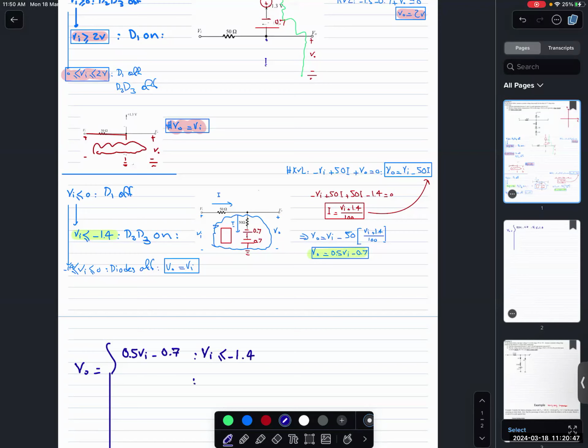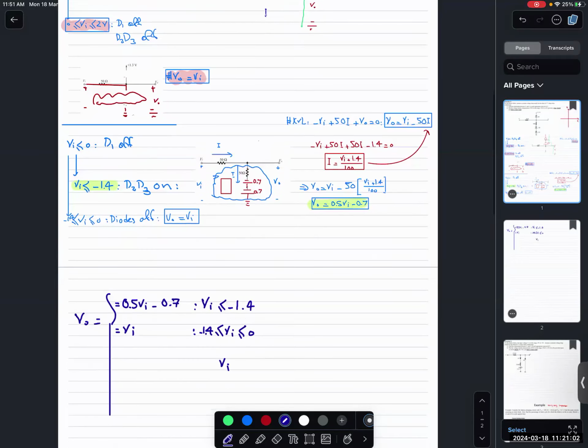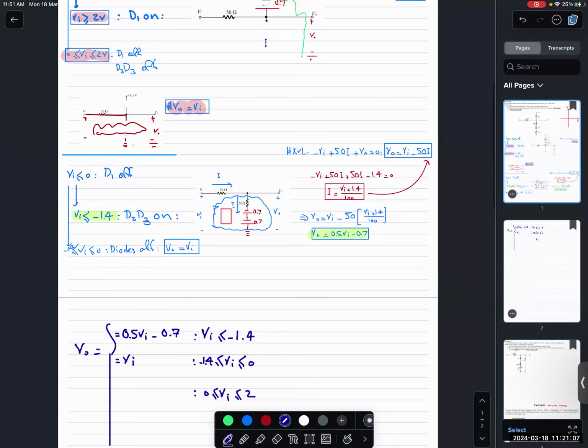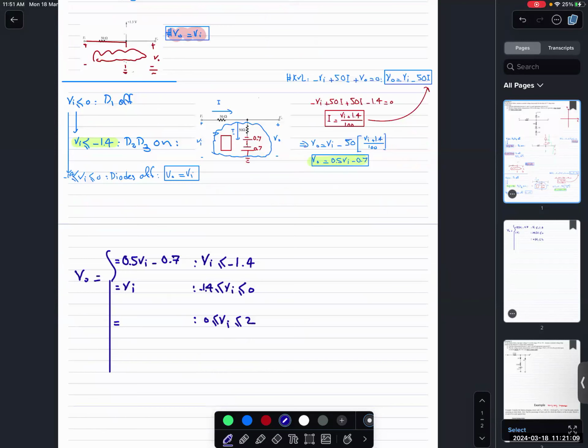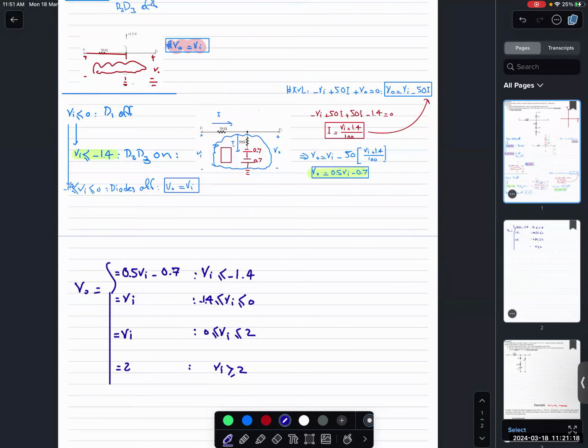Okay, but when VI is between minus 1.4 and 0, VO equal to VI. Okay, and when VI is between 0 and 2, VO equal to VI, and when VI is bigger than 2, VO equal to 2 volts.